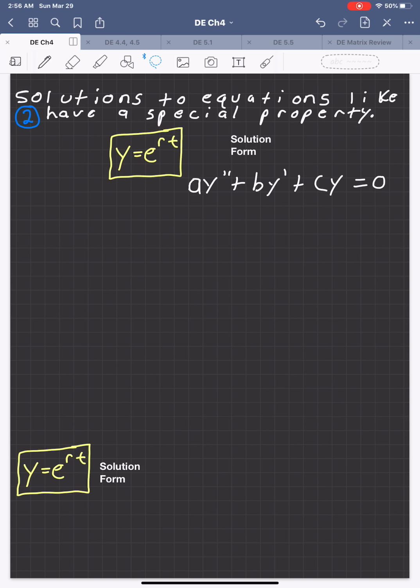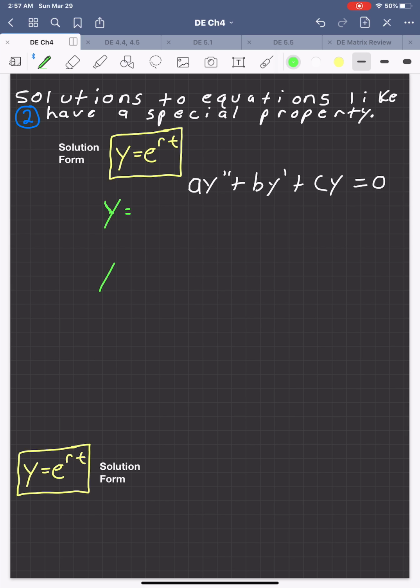Okay, so as I mentioned, the form of the solutions is going to be this: y is equal to e to the rt. And now what I'm going to do is take the first derivative of y.